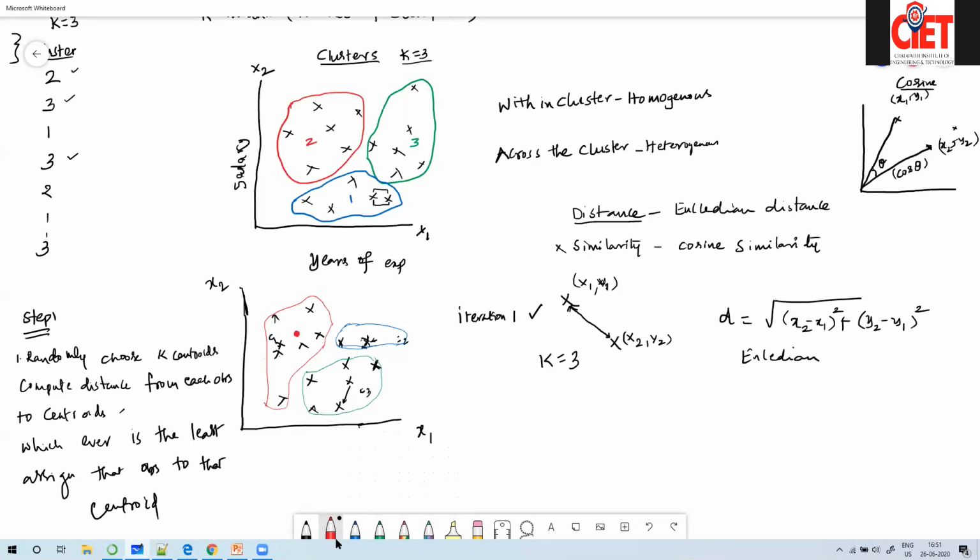This observation would drag the mean slightly towards this. For these observations, the mean would be somewhat over here. Let me place a dark circle. So that's the mean. And for these two observations, our blue centroid was here. Now our centroid would move exactly between those 2 points, right?